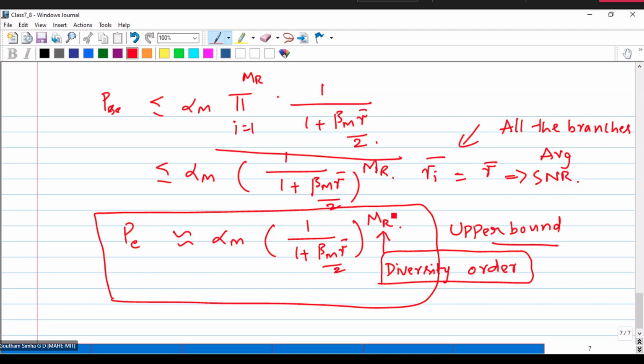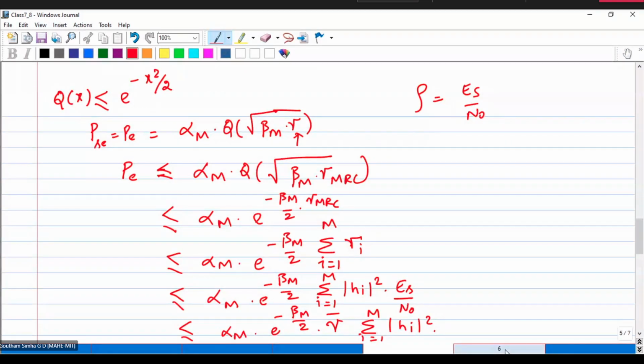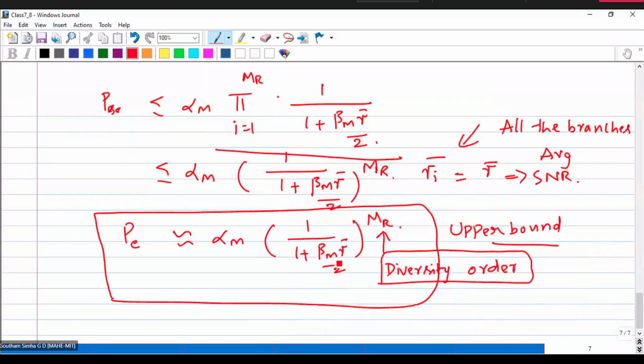Now I know this previous class and this class are a little hard to understand because you have never seen this Chernoff bound. So this is how it can be identified: alpha m into 1 by 1 plus beta m gamma bar by 2 whole to the power of Mr. So in the limit of higher SNR, assuming that gamma i are identically distributed with gamma i bar equal to gamma, we have alpha m into beta m gamma bar by 2 whole to the power of minus Mr. That also you can write.